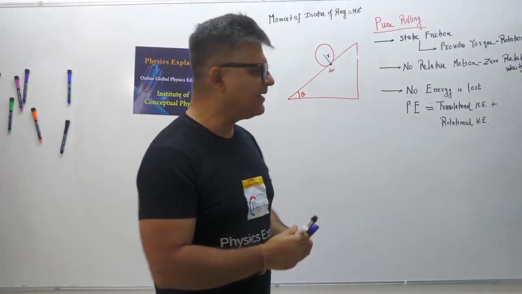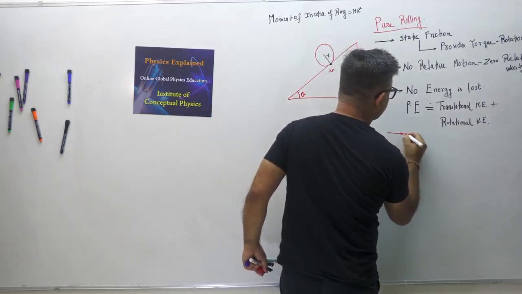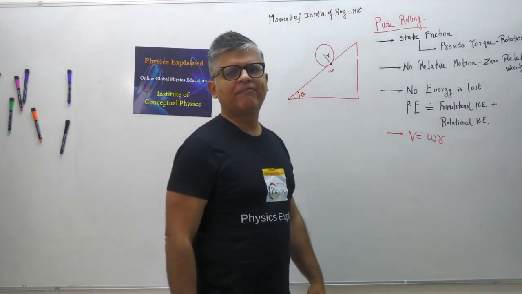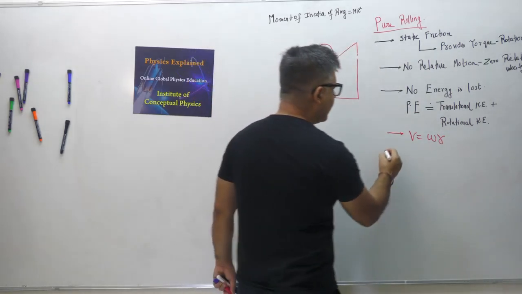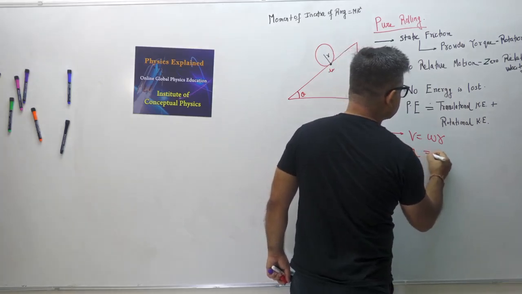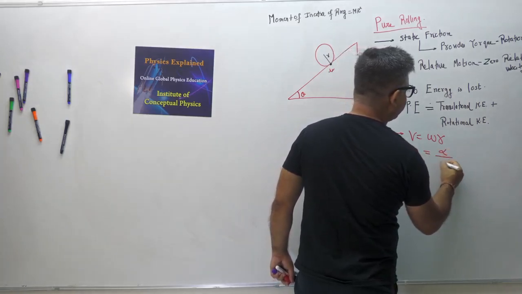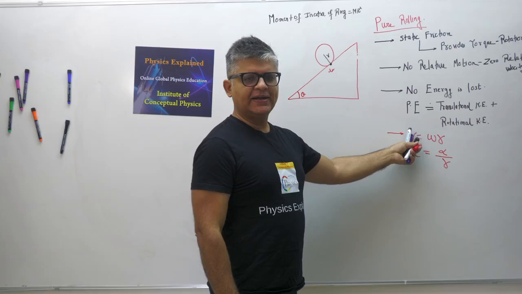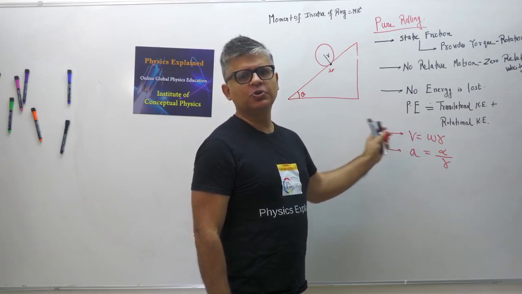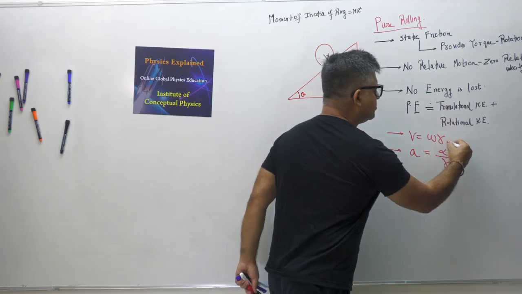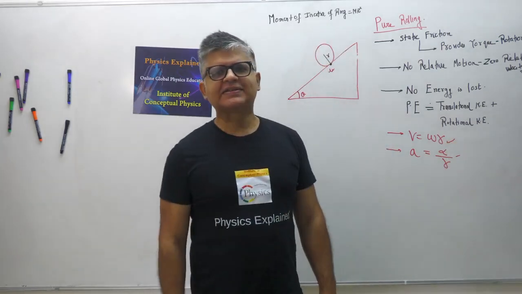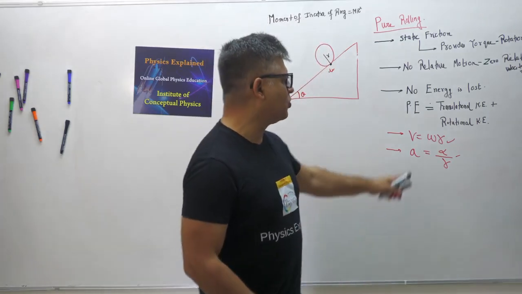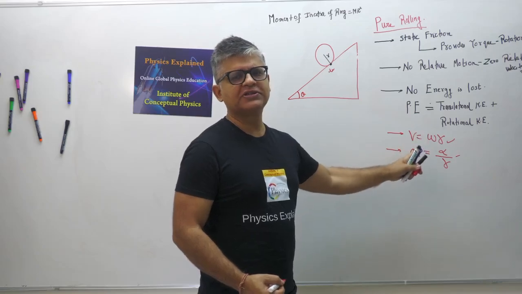And then v is equal to omega r has to be applied to solve this question, and acceleration is equal to alpha r is also allowed. These two also need to be used. These are applicable to pure rolling. If it is given that it is sliding down or slipping down, please don't use these. Don't use these at all.